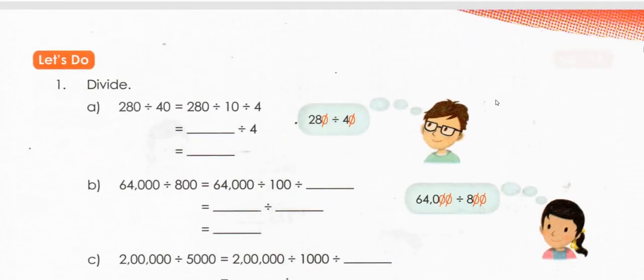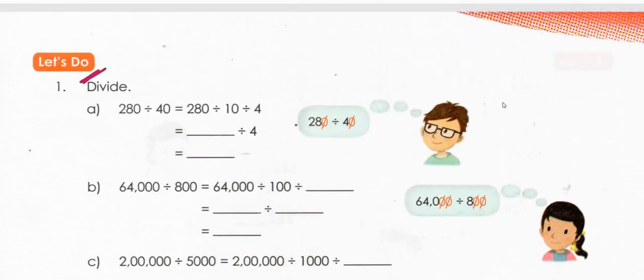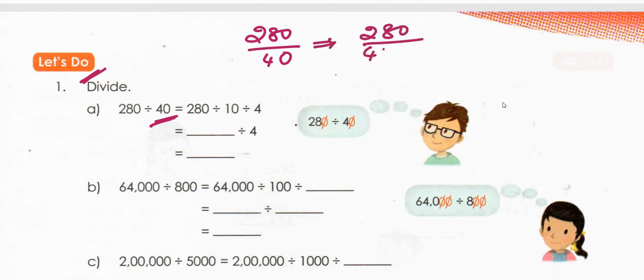Let us come to this. Let's do 280 divided by 40. 280 by 40 can be written as 4 into 10. Then this 0 gets cancelled. It is 28 by only 4.